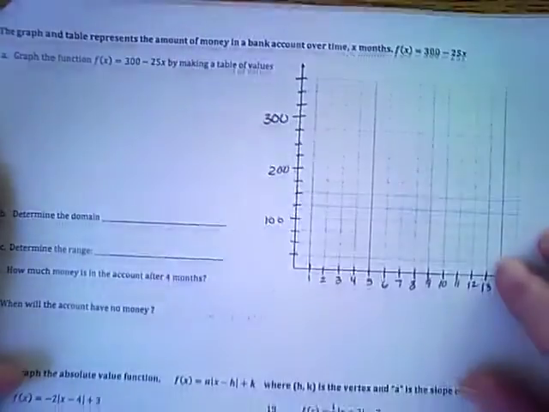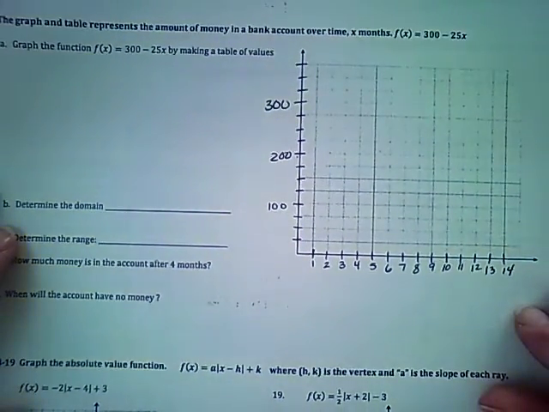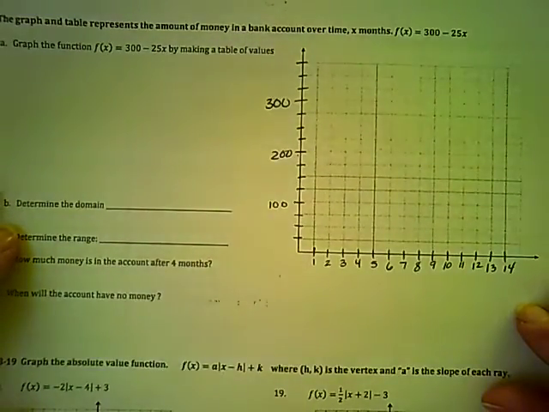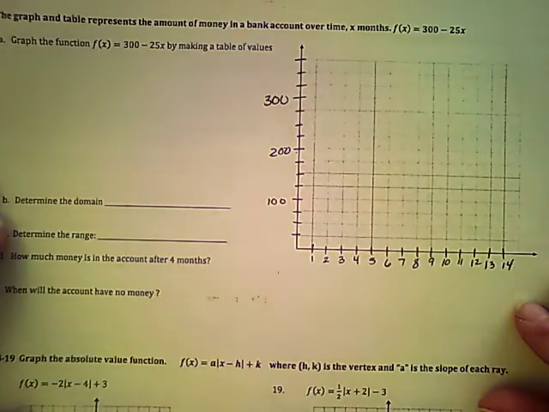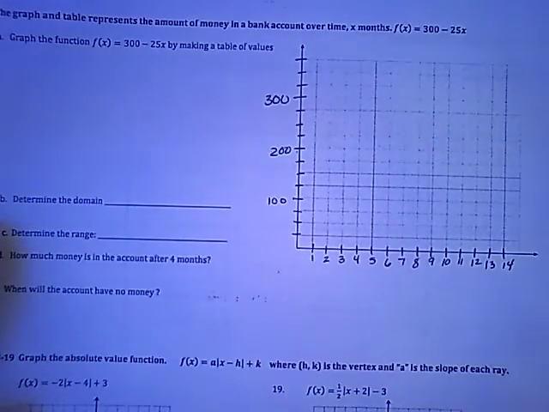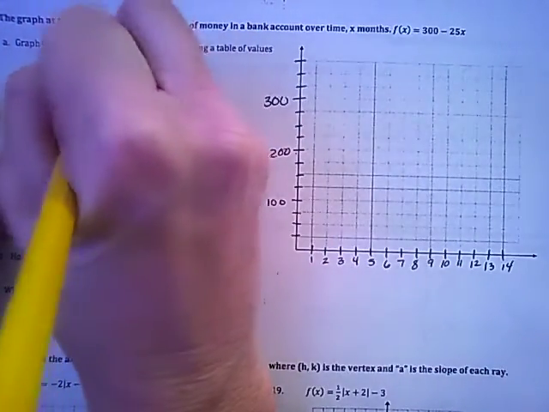Okay, next. Number 17. The graph in the table represents the amount of money in a bank account over time, x months. F of x equals 300 minus 25x. Graph the function by making a table of values. So you're going to make a table of values.